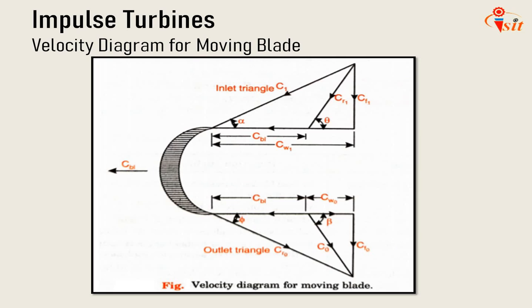Next we will see the velocity diagram of the impulse turbine for the moving blades. Here the figure shows the velocity diagram of a single stage impulse turbine. We'll see one by one the parameters involved in it. Cbl first.